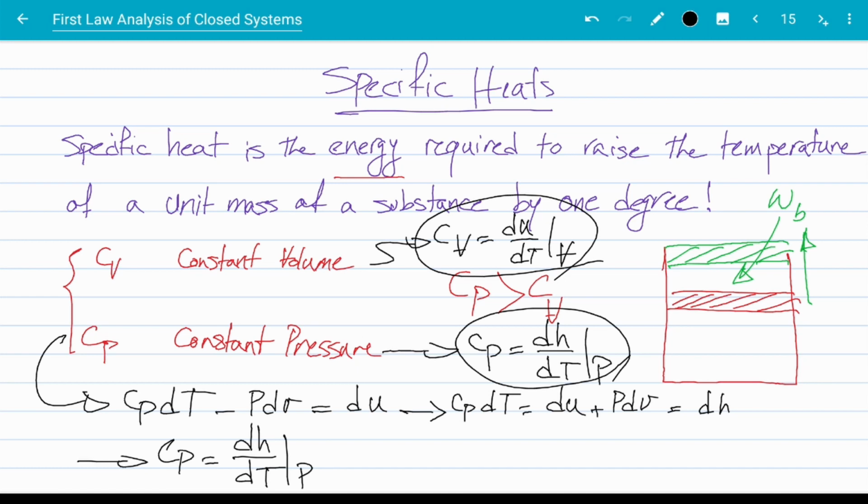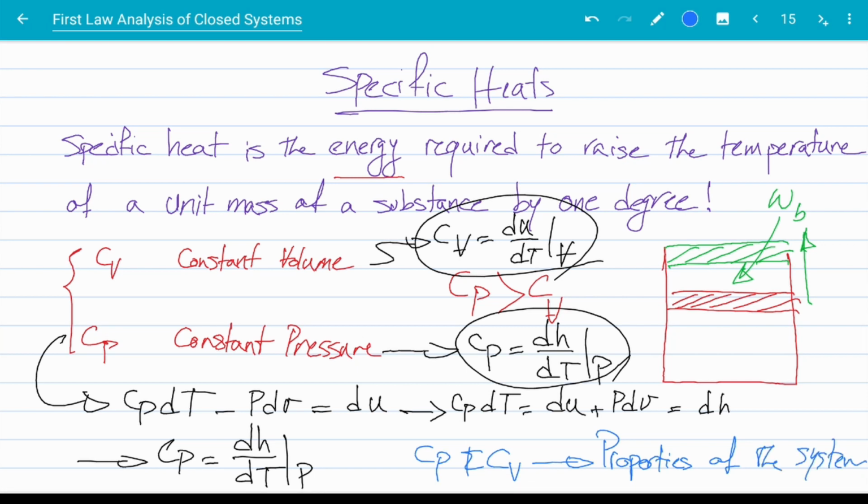Now, as you can see, because Cp and Cv are defined as a relation between system properties, Cv is du over dT, both are properties of a system. Cp is dh over dT, which again, both are properties of the system. Now, because they are defined by properties of the system, they too are properties of the system. So Cp and Cv both are properties of the system.